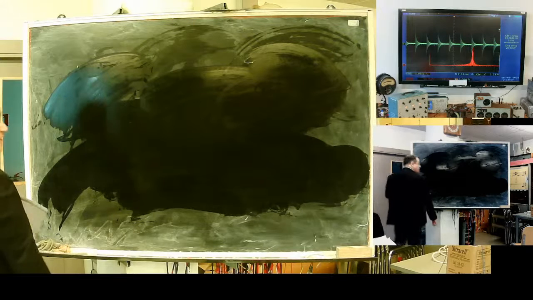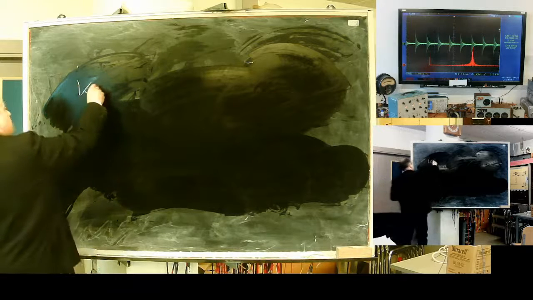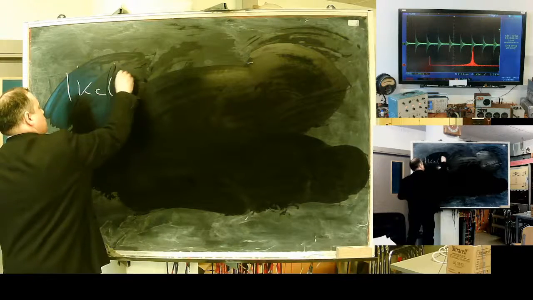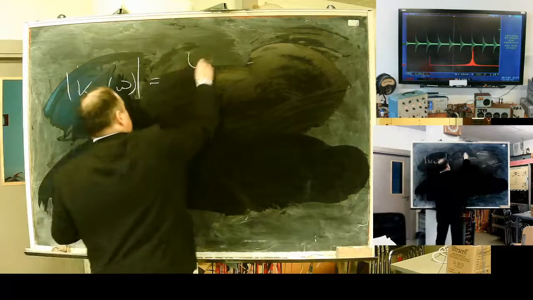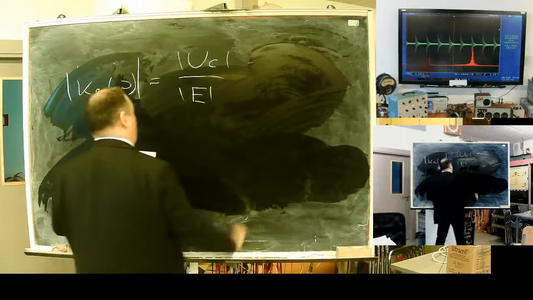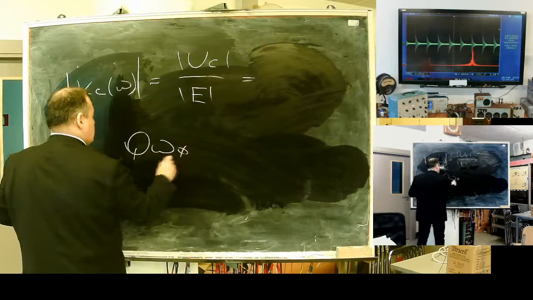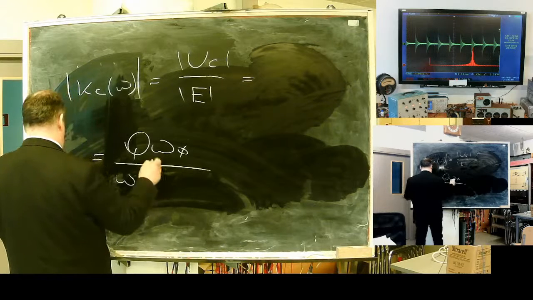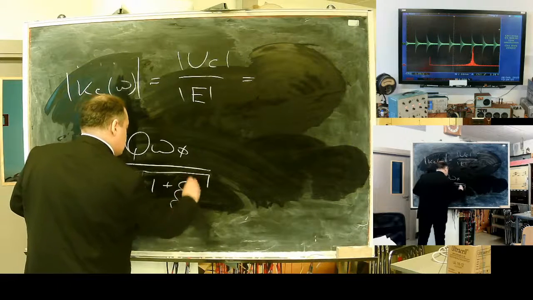If we take the output signal from the capacitor, it will be a transfer coefficient, which by nature is a function of frequency. This way is more correct. Here we'll have the square root of 1 plus c squared.